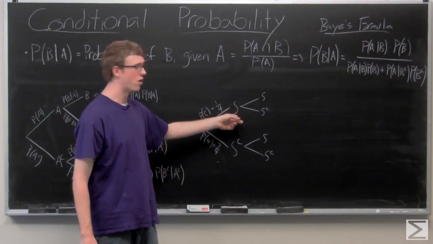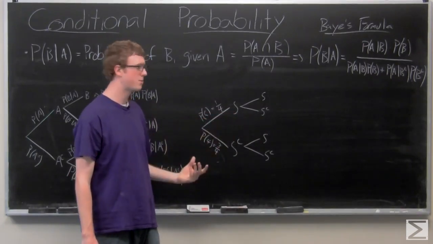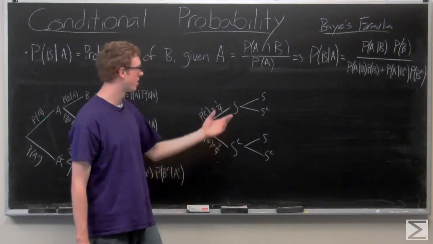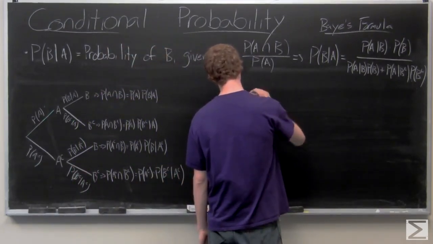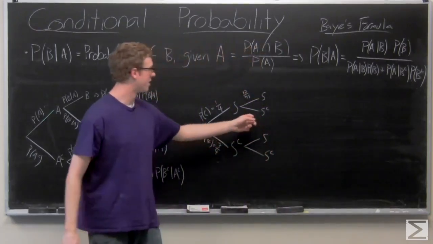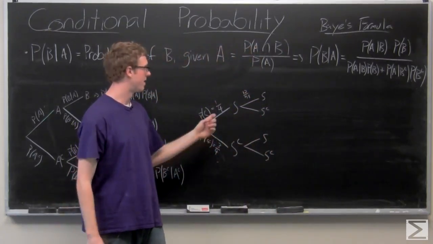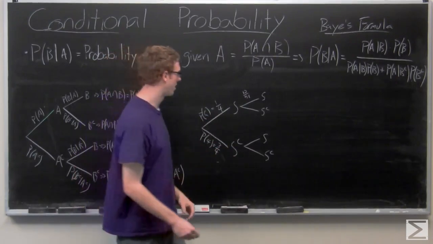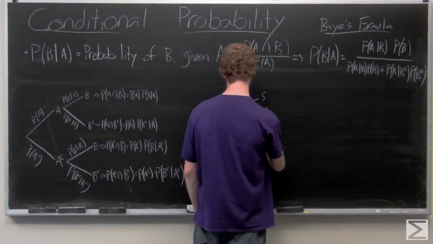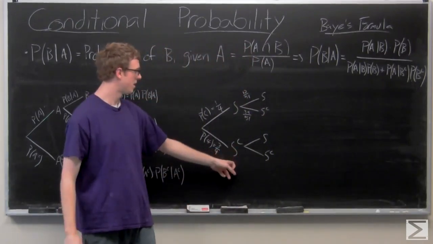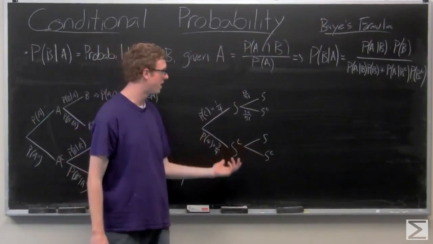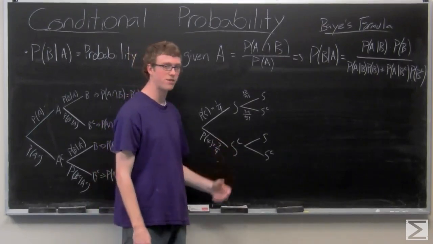If we do draw a spade on the first one, that means there's only 12 spades left in the deck out of 51. So we have a 12 out of 51 chance. This one is a spade and then not a spade, so it's 39 out of 51. This is not a spade and then a spade, so there's still 13 spades but only 51 cards left.